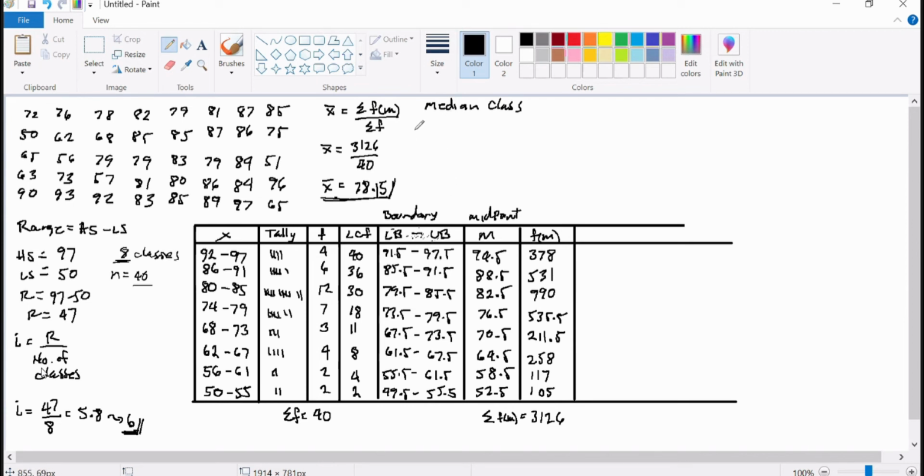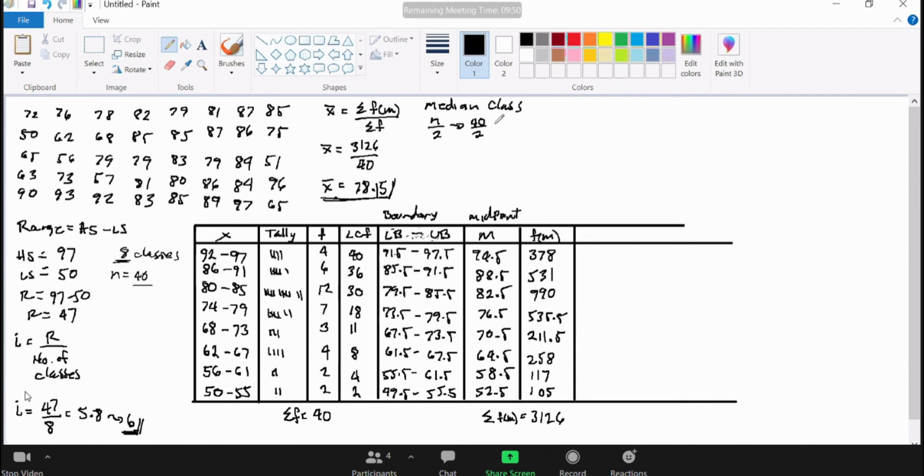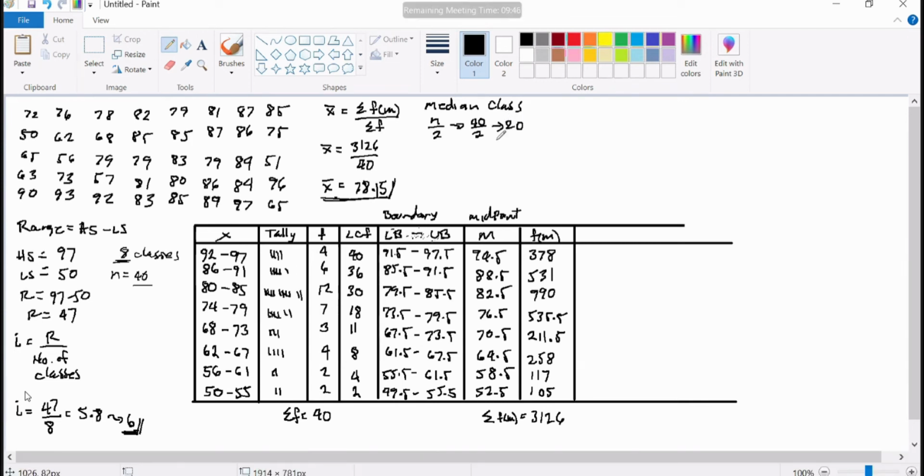We cannot actually find the actual median. We base it from the median position, n divided by 2. So that is 40 divided by 2, which is going to be 20. The 20th position. Where's the 20th position?